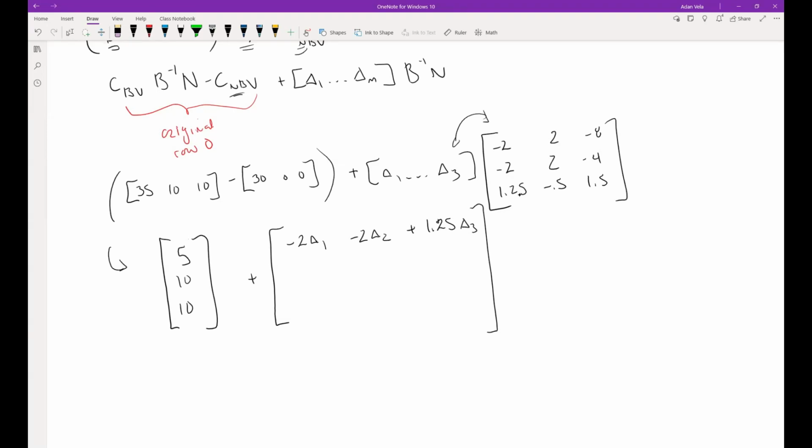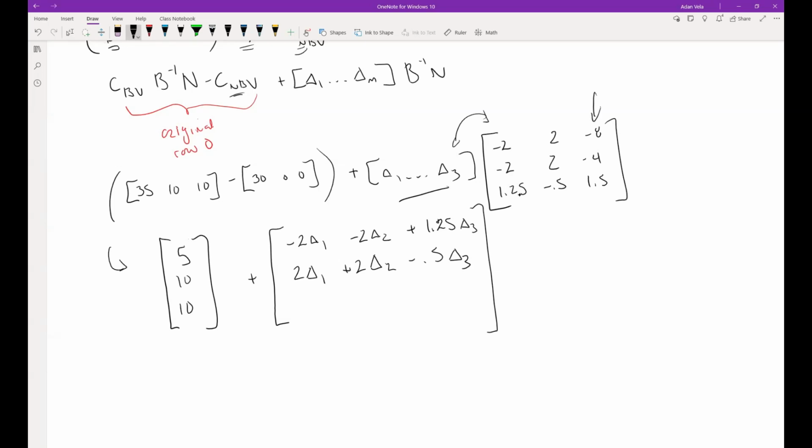The next row corresponds to 2 delta 1 plus 2 delta 2 minus 0.5 delta 3. And then finally, we have the last row, which is just row times column.